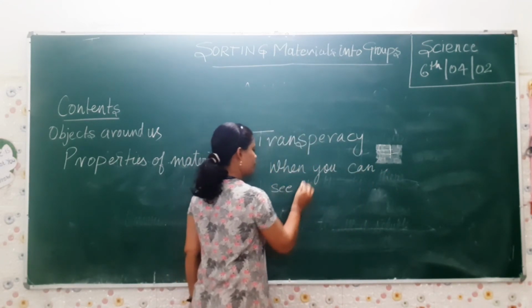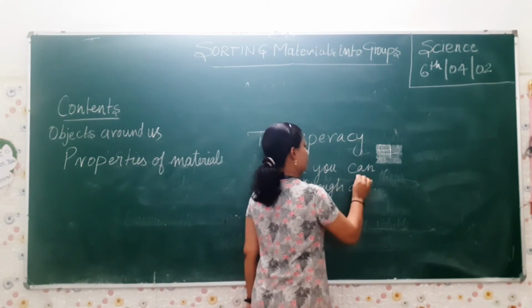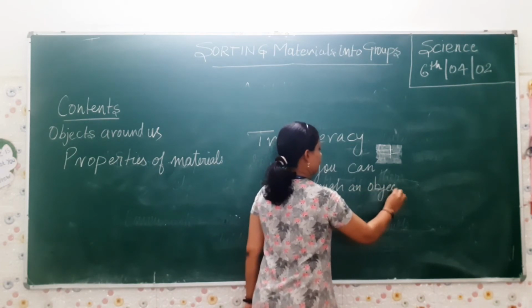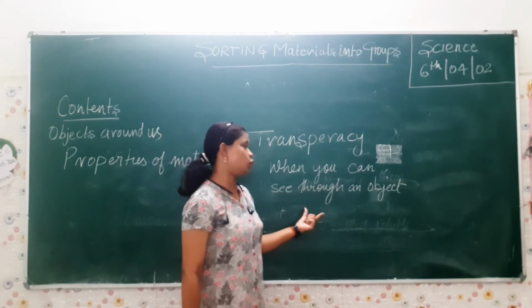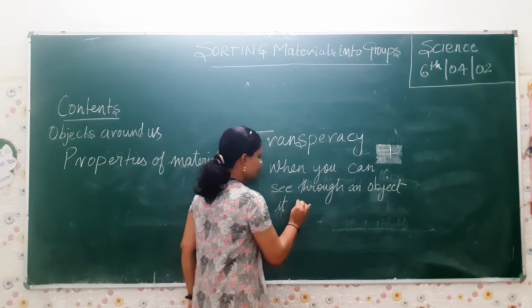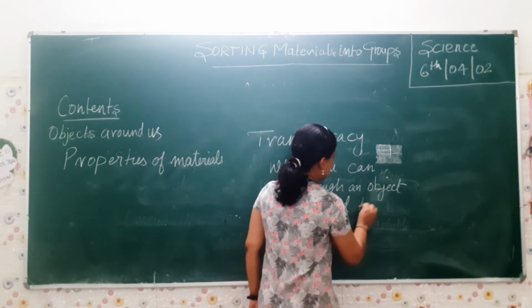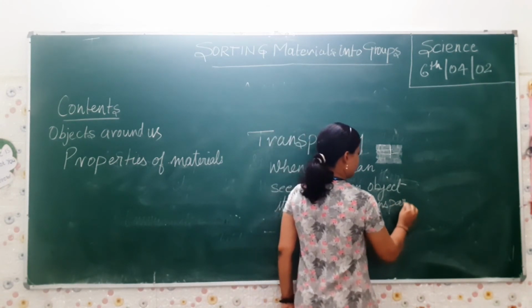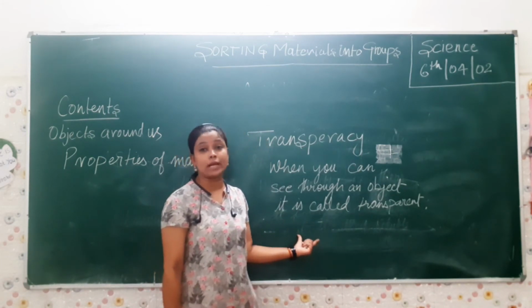When you can see through an object, it is called transparent. This is for an object.